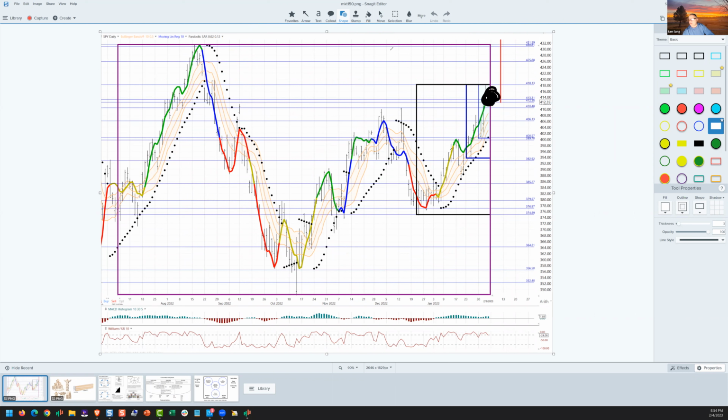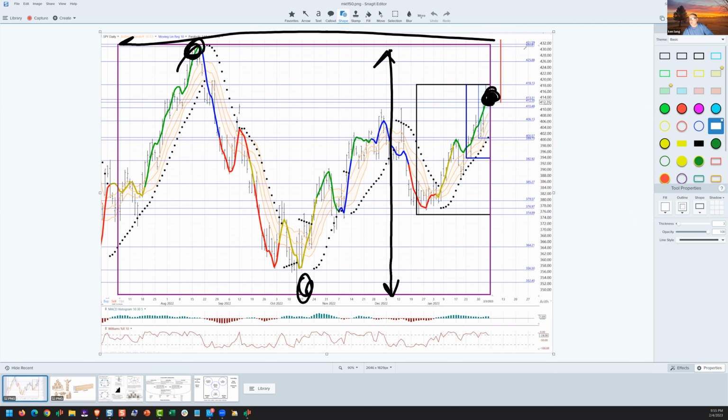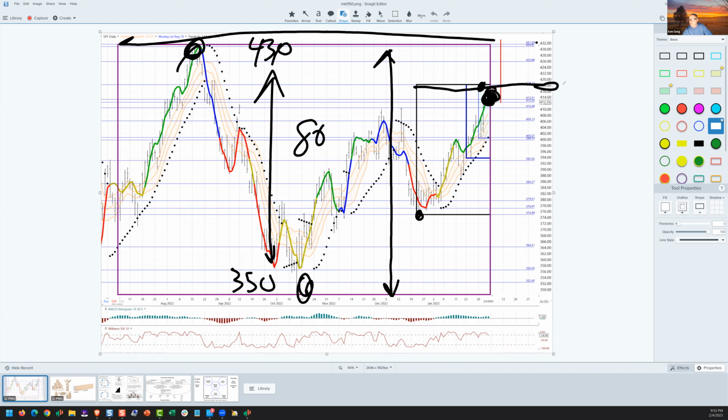Look how far it moved in the 150-day look-back period between the highest high and the lowest low. It went from 430 to 350. $80.